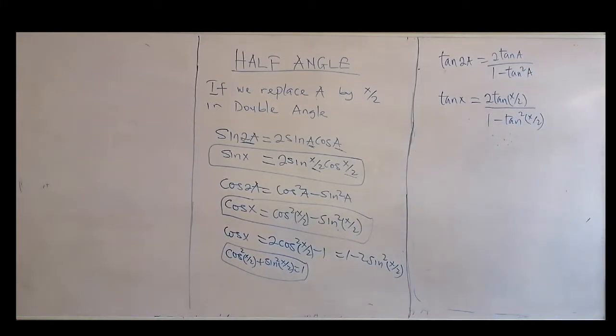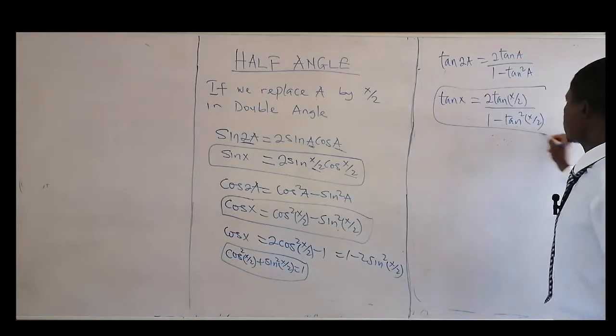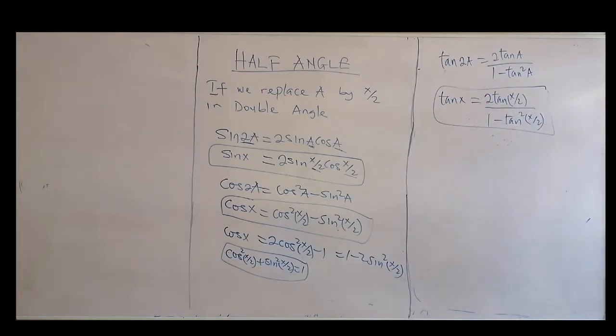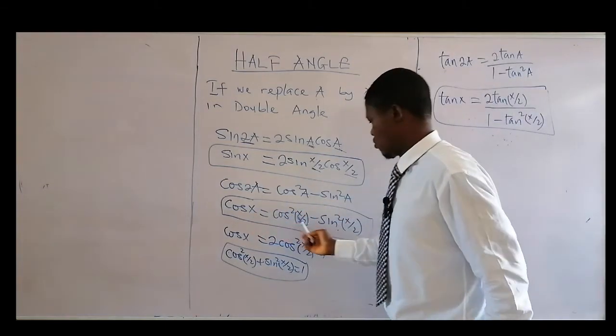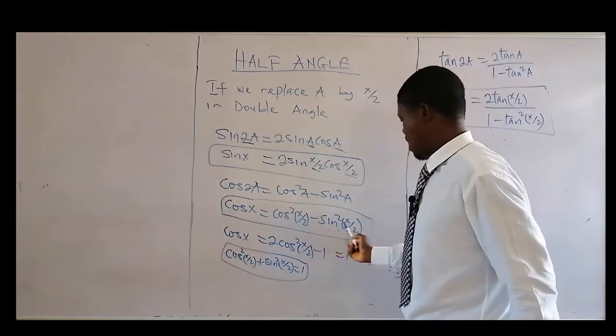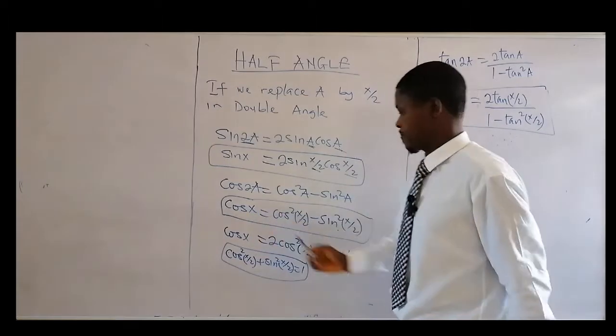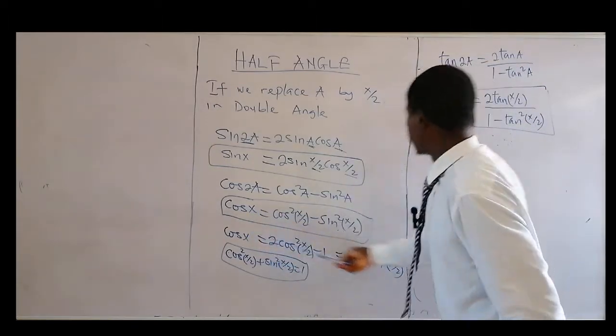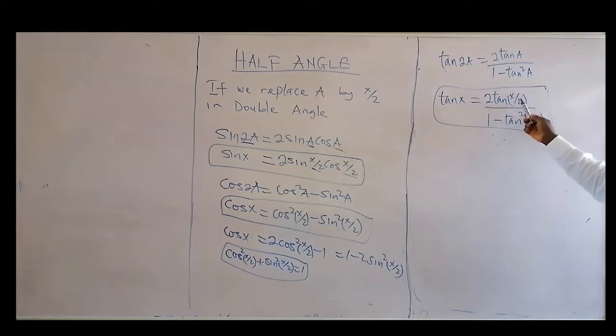So that's that on tan x. So what you must expect is that if the coefficient here is 1, you're going to have half of this angle here. The function here is half of this function.